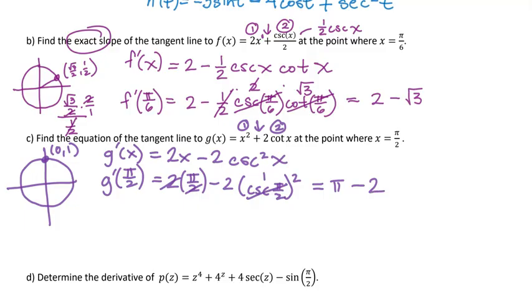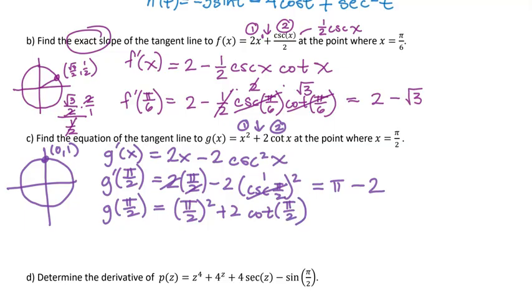Okay, I also need a point if I'm going to build a tangent line, and you get the point from the original function. So if I plug pi over 2 into the original function, I get pi over 2 squared, and 2 times cotangent of pi over 2.